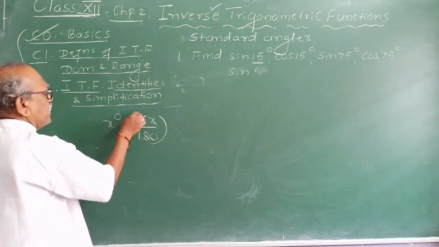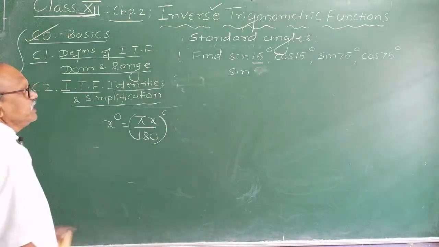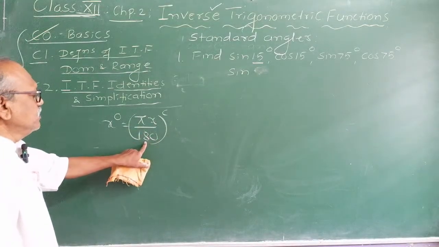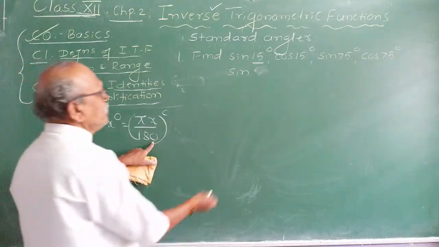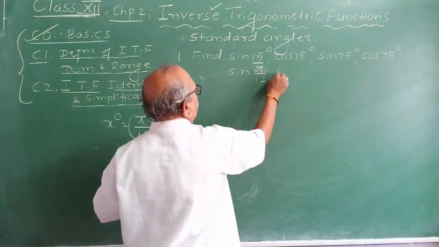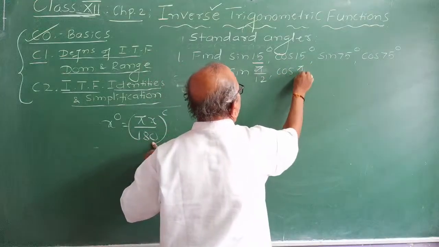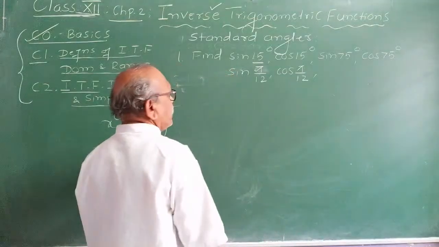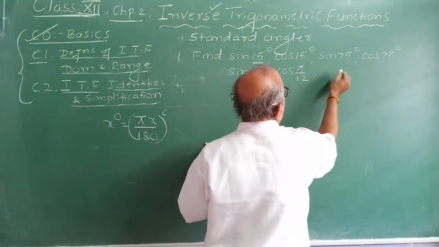Apply this formula, express in radian. X is 15. 15 ones are 15, 15 twos are 30. Means pi by 12. Sin pi by 12, cos pi by 12. Even you will be asked questions on this. Sin 75 degree is 5 pi by 12.